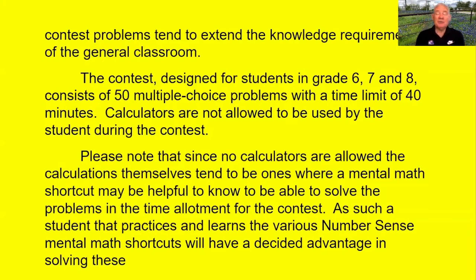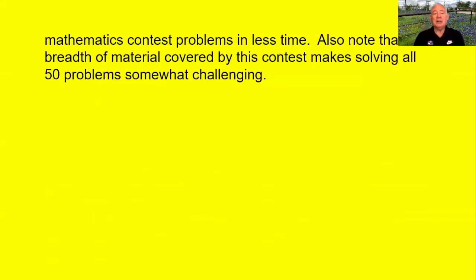So if a student were to learn some number sense shortcuts, that would certainly be of help to them in this contest. Also note that the breadth of the material covered makes this very difficult to finish in the 40 minutes that are available.